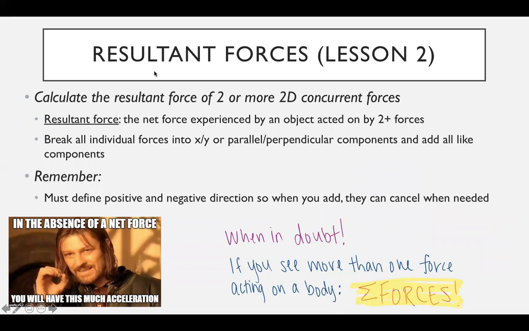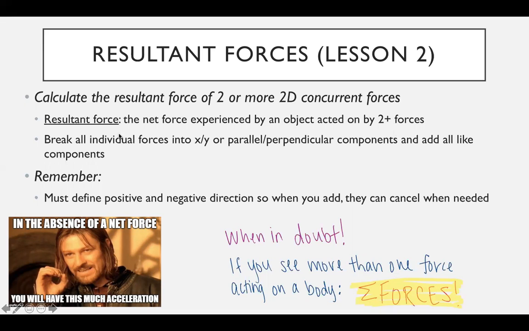So resultant forces, that's the concept of if I'm pulling something this way but also pulling on it this way, how will those two forces combine and interact? The resultant force is a net force acted on by two or more forces.